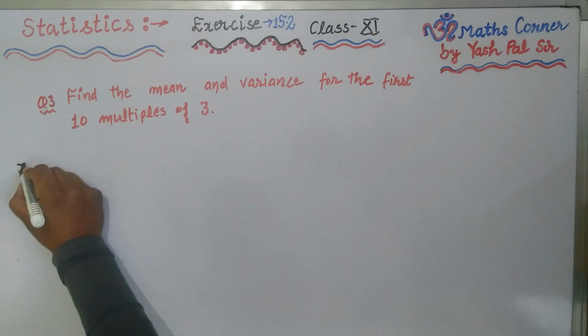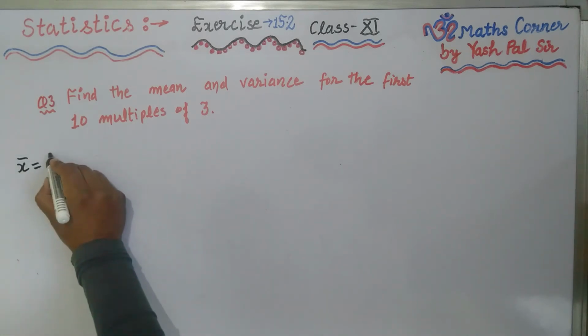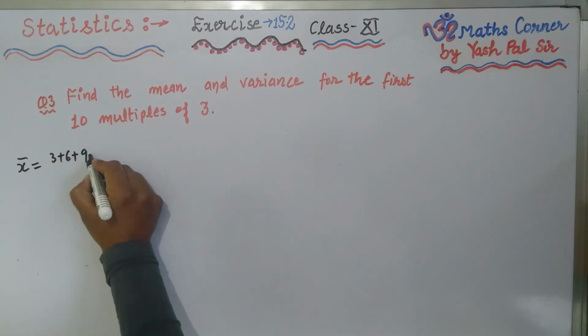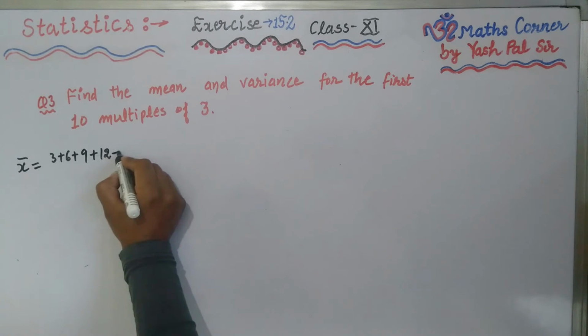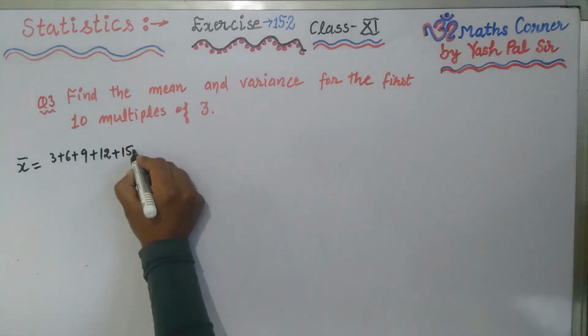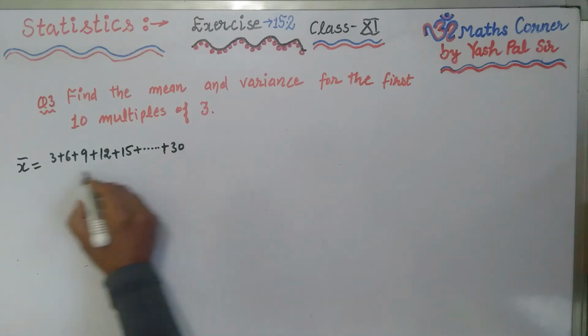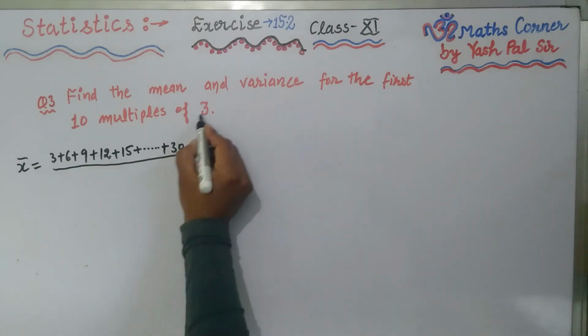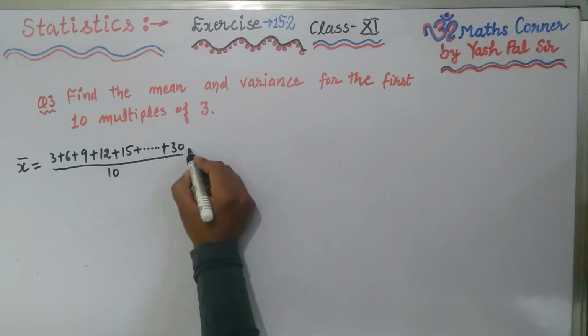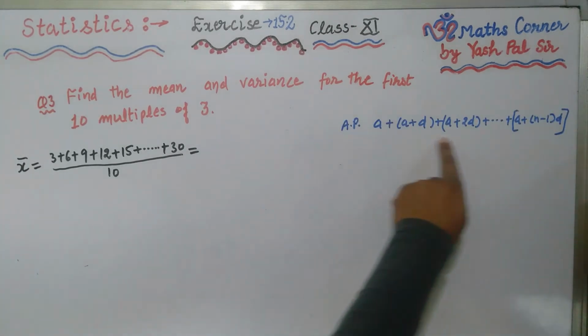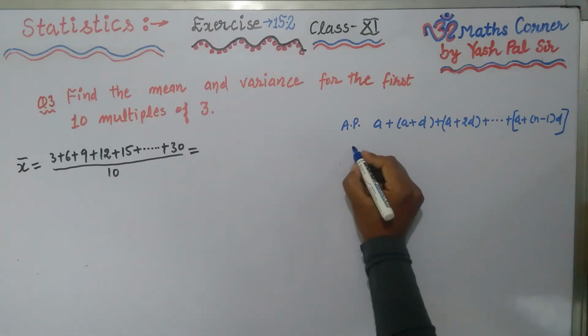Mean x bar is equal to 3 plus 6 plus 9 plus 12 plus 15 and so on up to 30, divided by how many multiples? 10 multiples. We can use here the rule of AP, arithmetic progression, sum of n terms. This is the AP. What is the sum of n terms?